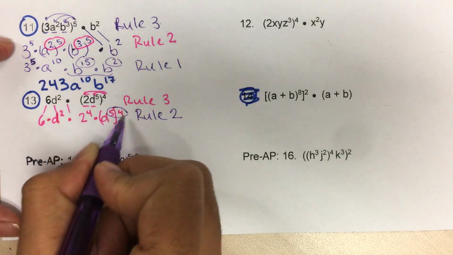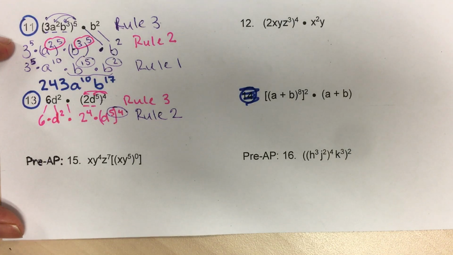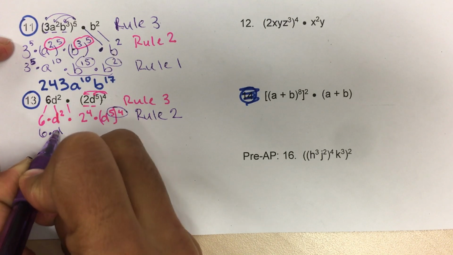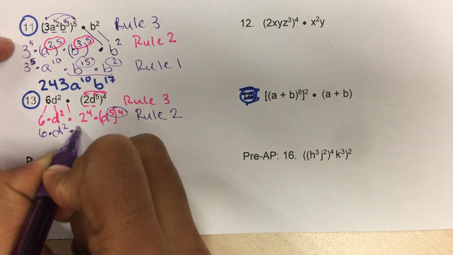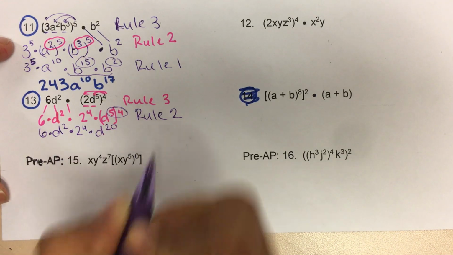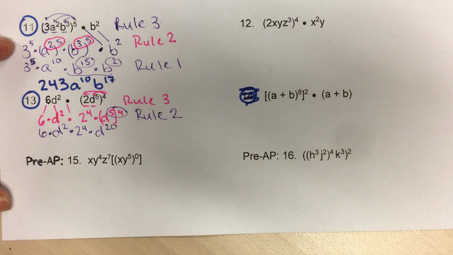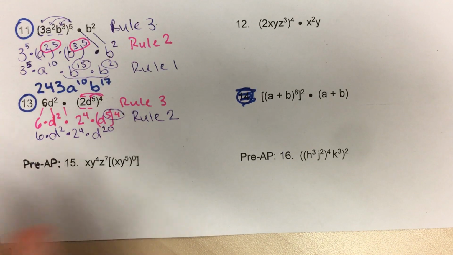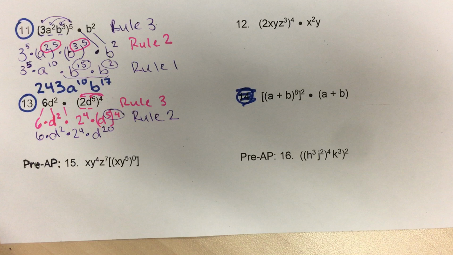Okay, so we're doing a piggyback rule right here. Let's multiply those. Times d squared times 2 to the 4th times d to the 20th. Okay, we've applied rule 2. Now, let's rearrange our terms so that we have numbers with numbers, variables with variables.